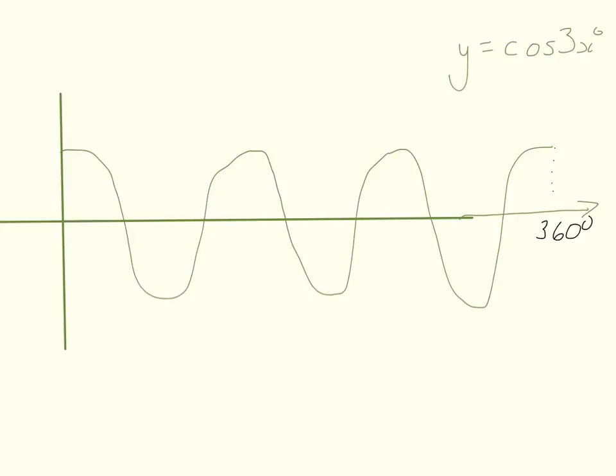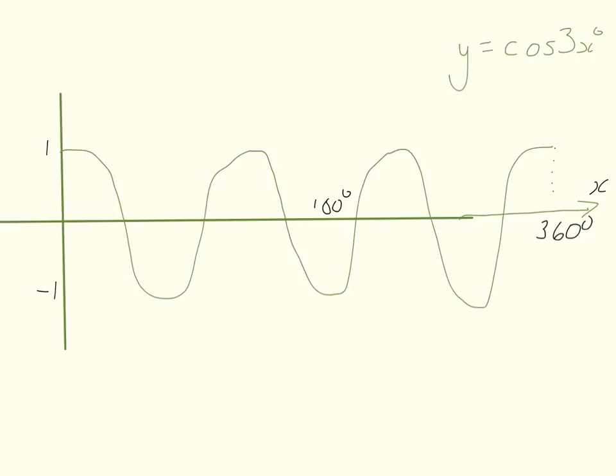The halfway point, so this would be 1.5. So this point here would be 180 degrees. The maximum and minimum values remain unaffected, 1 and -1.